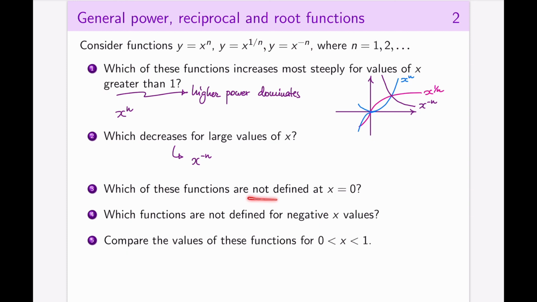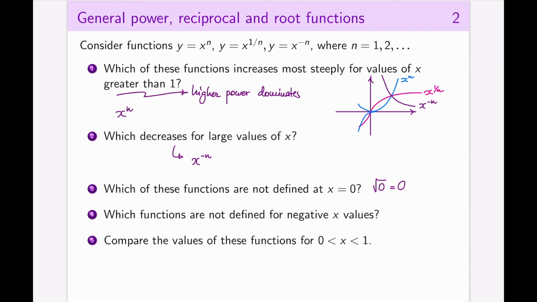Which of these functions are not defined at 0? So we notice that our root functions and our power functions, the first 2, certainly are defined at 0 and go through the origin. And this is also actually another really important thing to remember because people tend to forget that you can, in fact, take roots of 0. A square root or the nth root of 0 is just 0.